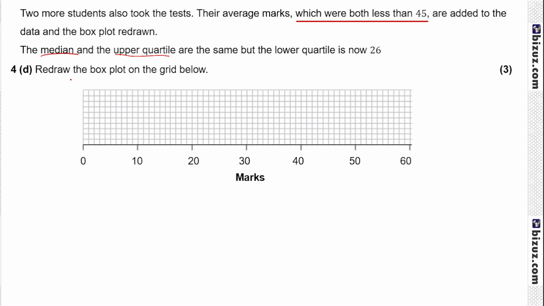So in part D, they're telling us to redraw the box plot on the grid below. Now, this question might seem very simple where only the lower quartile changes. So we might think, okay, if I just change Q1 from 24 to 26, we should be done.